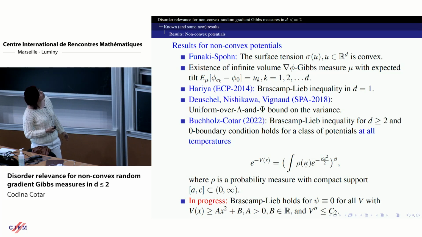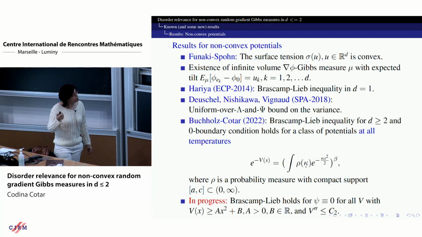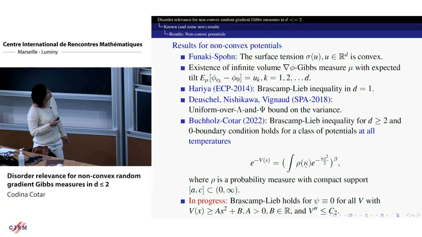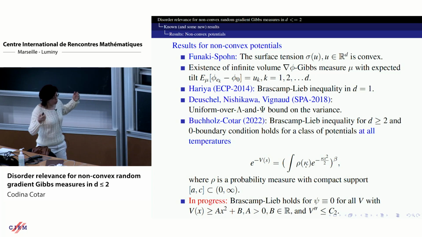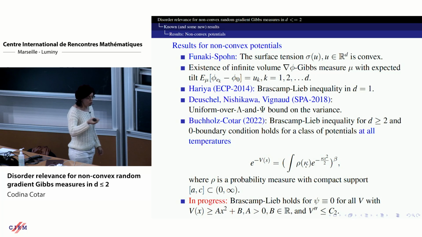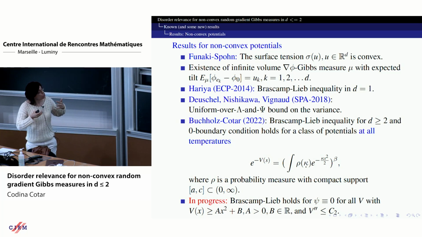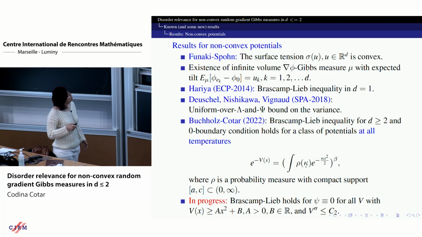The next question that we have is, can we define these gradient Gibbs measures now? Do we have infinite volume gradient Gibbs measures, and do we have infinite volume Gibbs measures? Can we prove something like that? Yes, we can prove them. We no longer use the Brascamp-Lieb inequality, but there are still tools that we have in order to define these quantities.